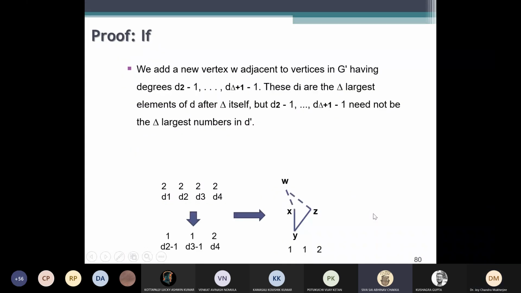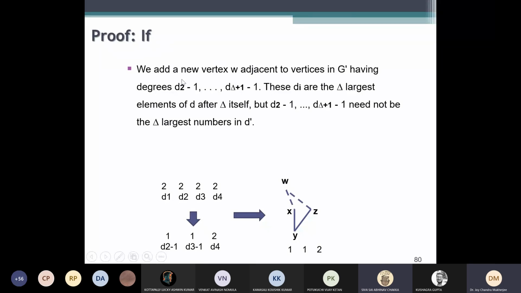So from here I got this, then I create W and I make D2 minus 1 and D3 minus 1, that is 1, 1, adjacent to W, and I create this graph. So this is a simple graph.